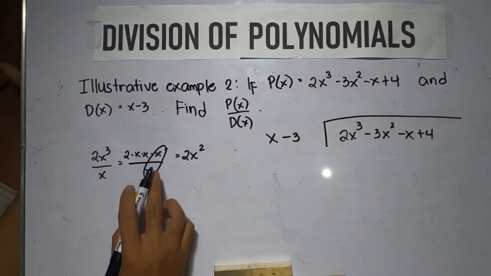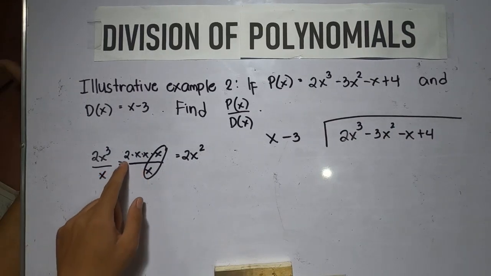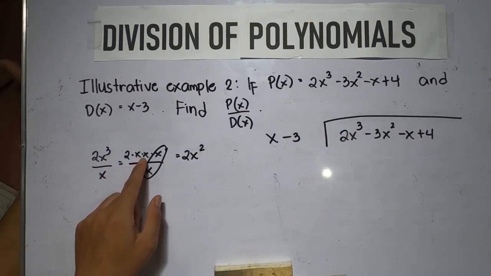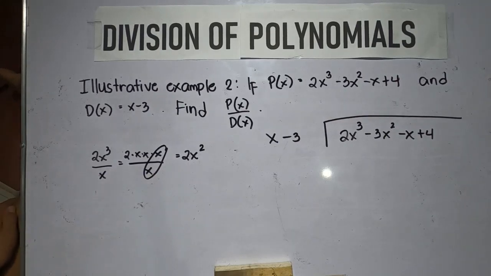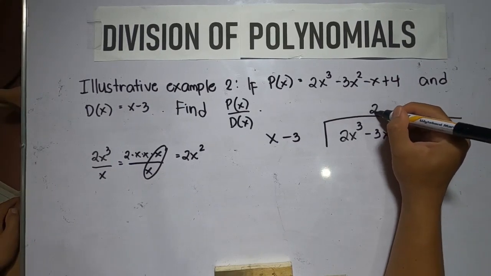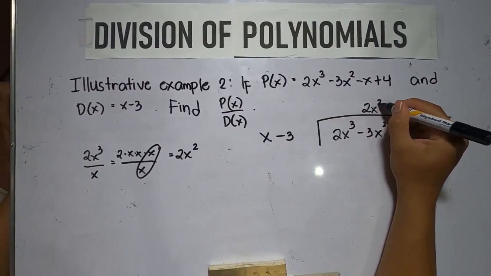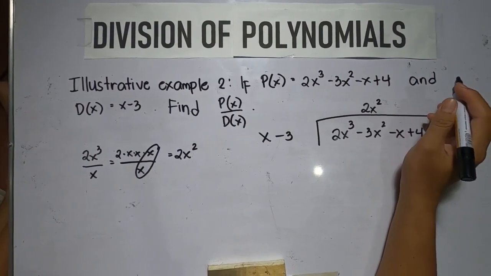Then, we can cancel out one pair of x, and what will remain is the product of 2 and x, that's 2x squared. So, we have now the first term of the quotient, that is 2x squared. What will be done next?